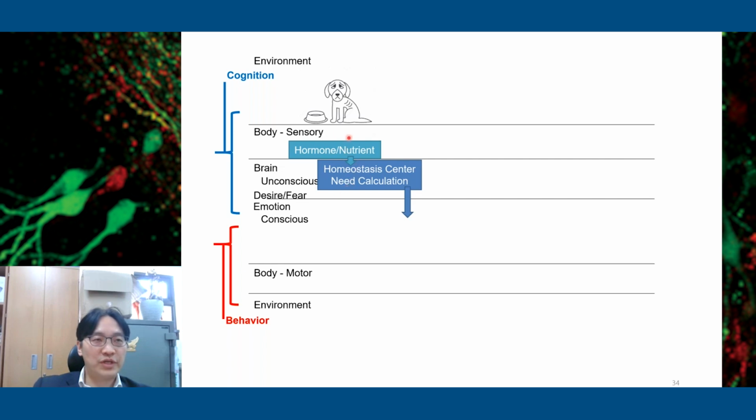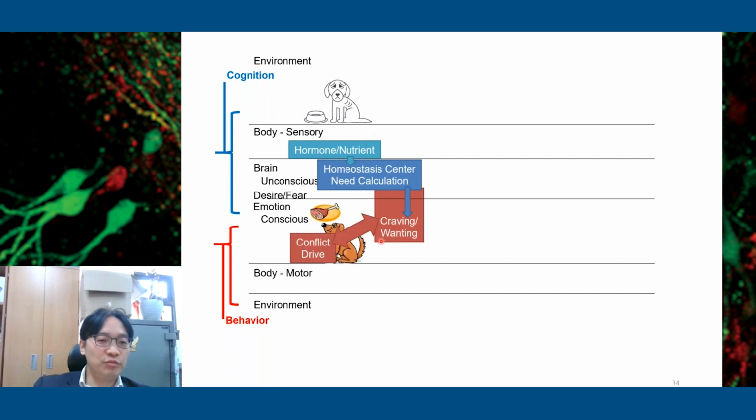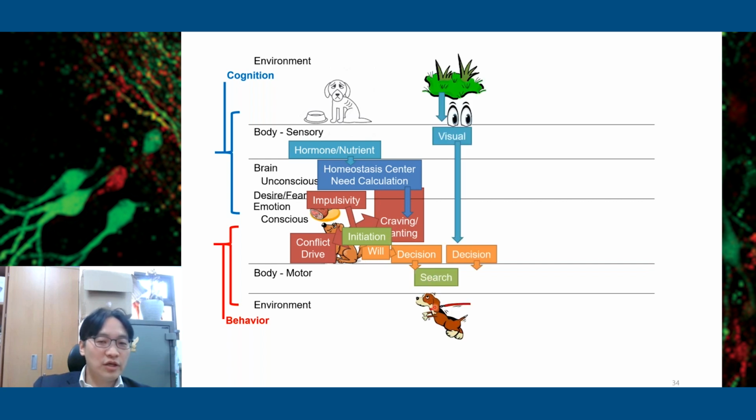My best interest is that when there is a deficit in the nutrient, the brain's homeostasis center calculates the need, and then it drives the motivation, craving, wanting, and you make a decision based on this conflict. And when you decide to do a behavior, there is a time for the craving ramping up. I want to go, I want to go, I want to go, and then you start to go later.